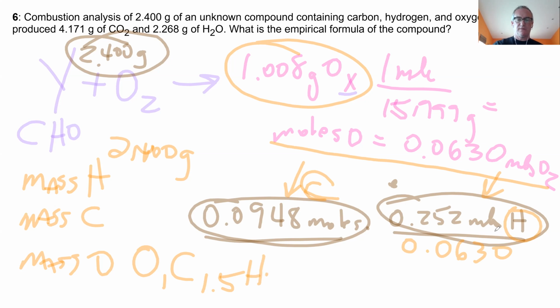So we have 1 mole of oxygen, 1.5 moles of carbon, and 4 moles of hydrogen.